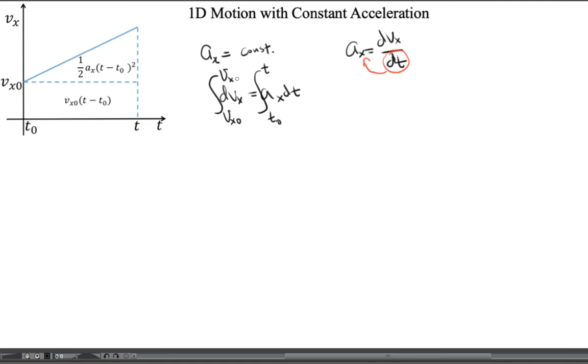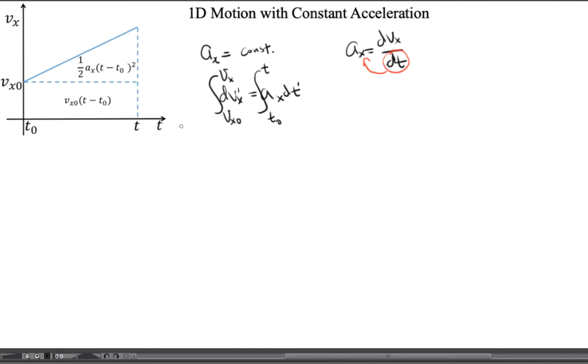In order to differentiate the integration variable and the upper bound, let's change this integration variable to t prime, and this one to dvx prime.